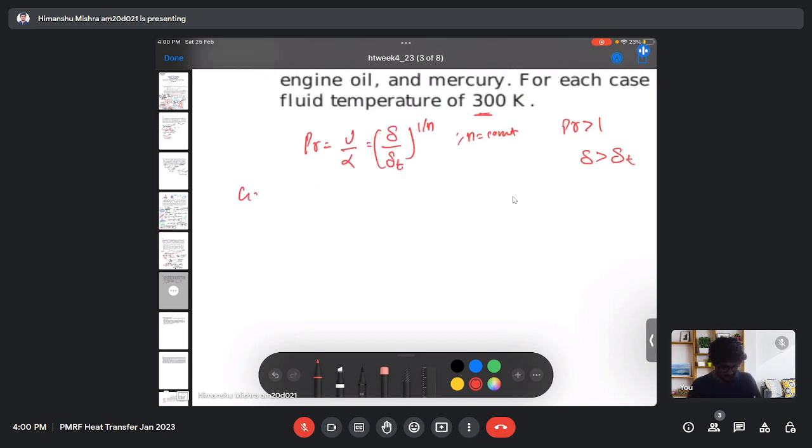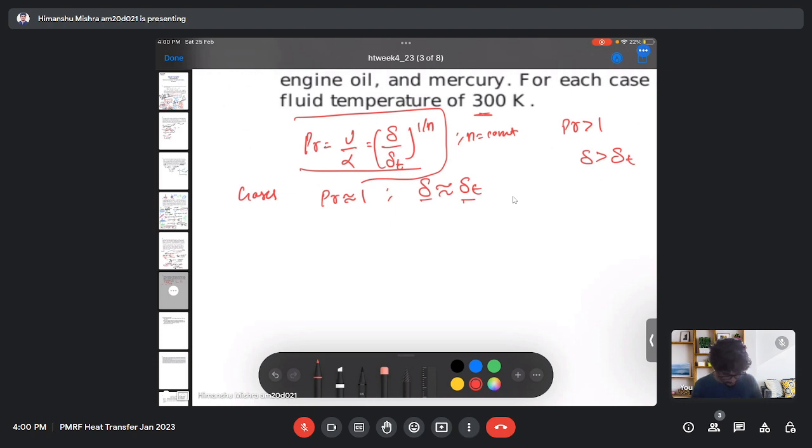For most gases, when there is a flow of a gas past the surface, the Prandtl number is approximately equal to 1, which says that my hydrodynamic boundary layer roughly equals my thermal boundary layer. So on the basis of the magnitude of my Prandtl number, I can judge which boundary layer is dominating in the problem.